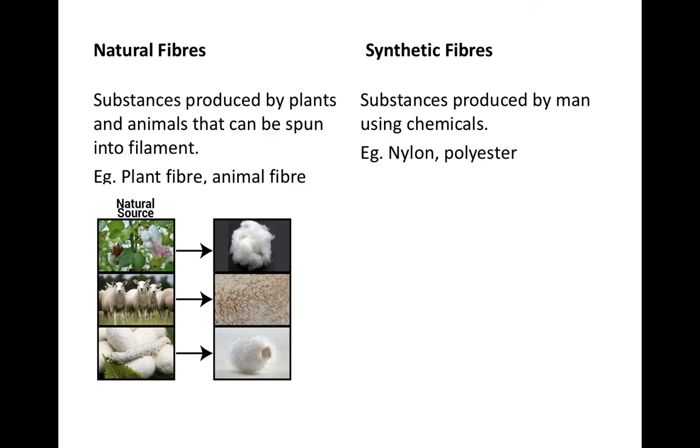Some of the animal fibers are wool and silk, which we obtain from animals. So in the next class we shall learn how the fibers are obtained from the jute plant.